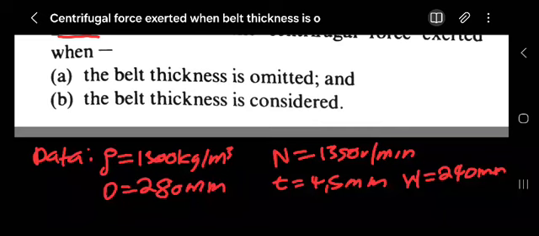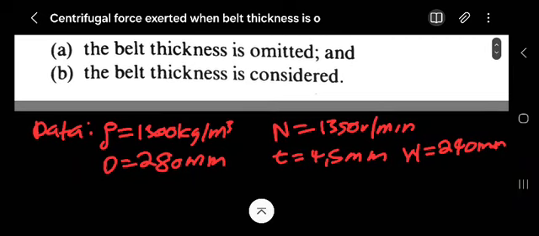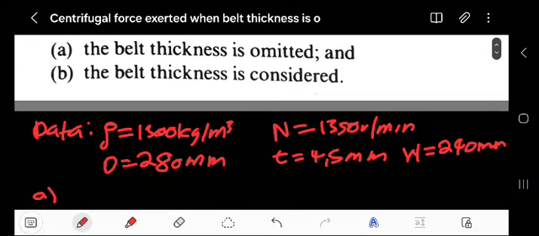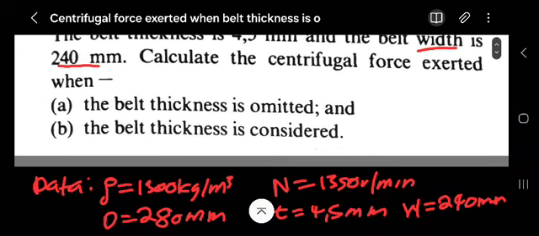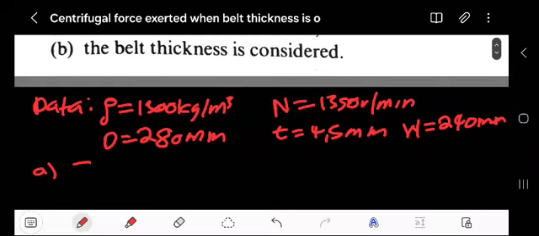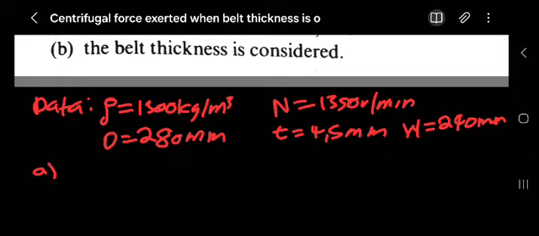For part A, we are asked to calculate the centrifugal force, which is TC, when the thickness is omitted.